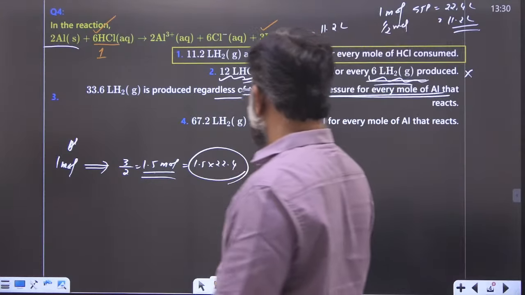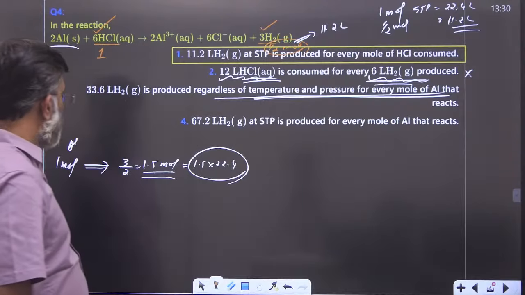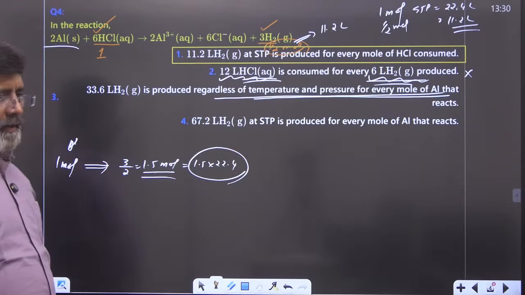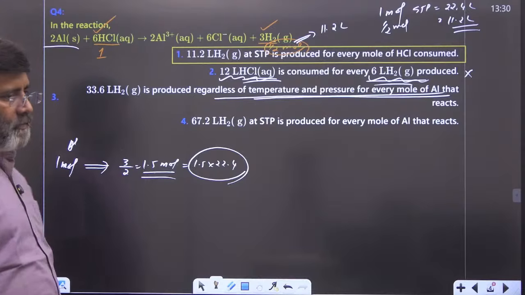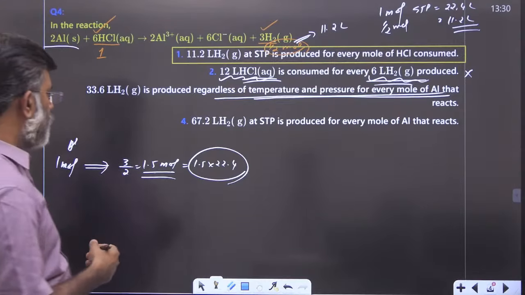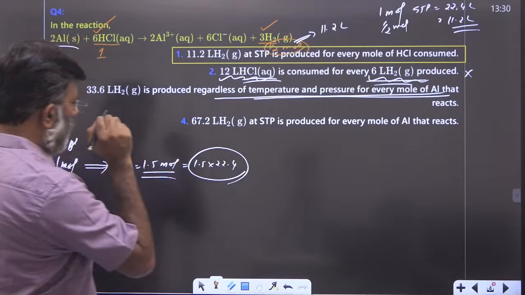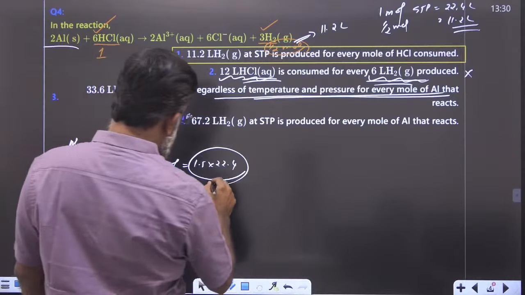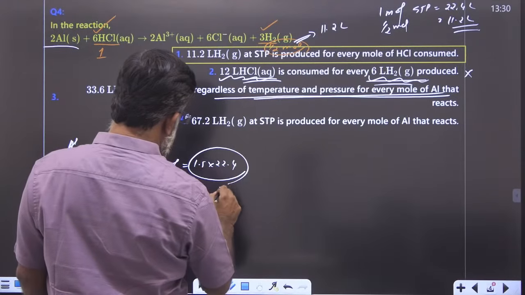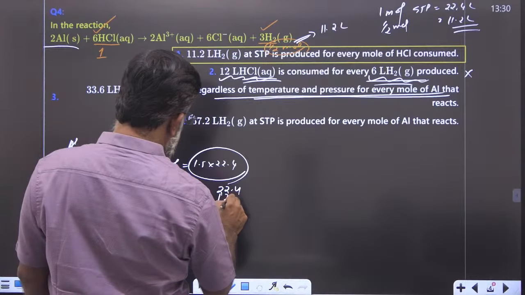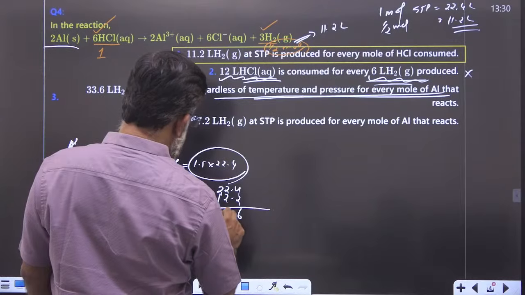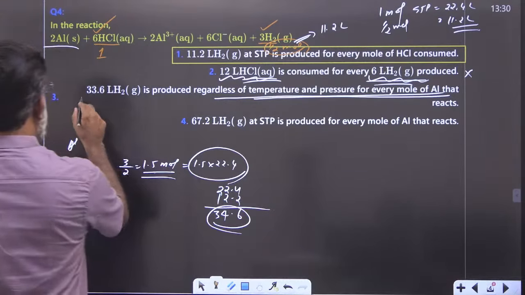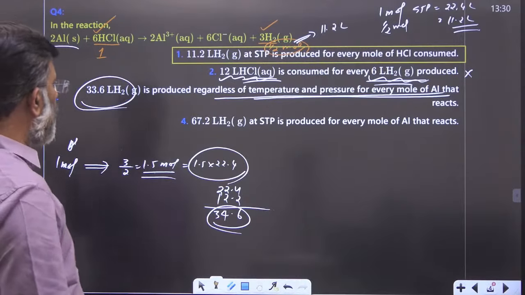Is this coming correct? 33.6, 22.4 and 1.5 times 22.4, yes, it is 33.6 coming anyway.